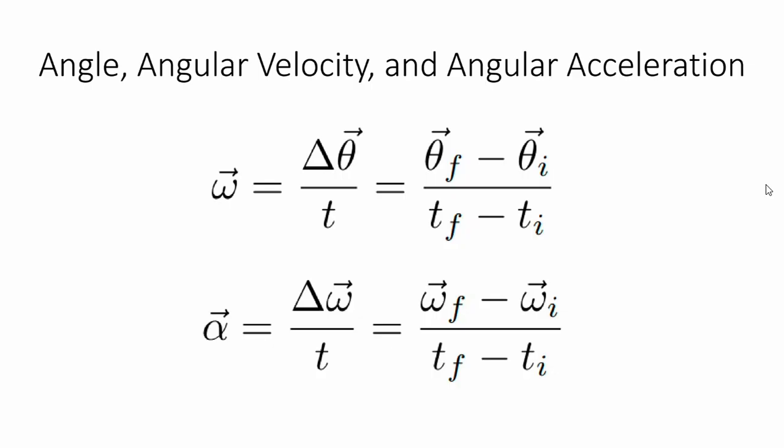So take the change in angle, divide it by the change in time, and you'll get the angular velocity. Remember, the triangle is the Greek letter delta, and that just means to take the final minus the initial. And same thing for angular acceleration. Angular acceleration is the change in angular velocity over change in time.